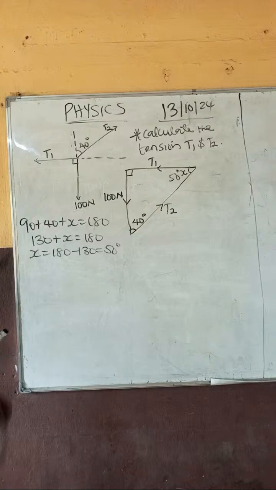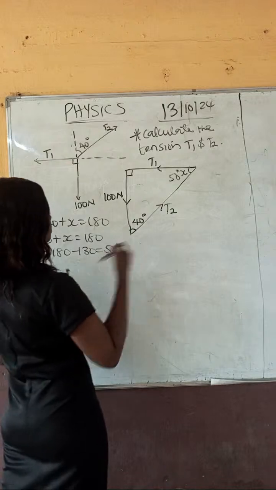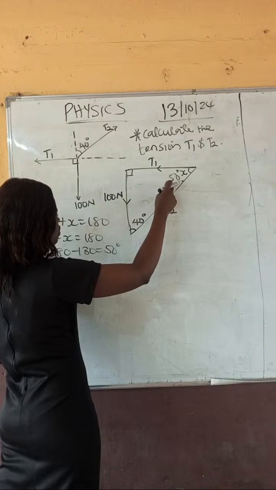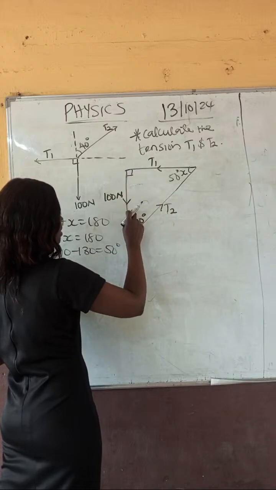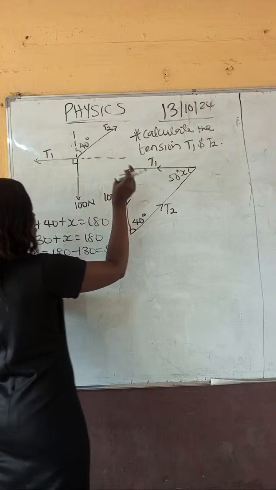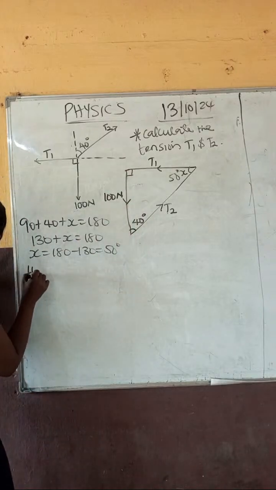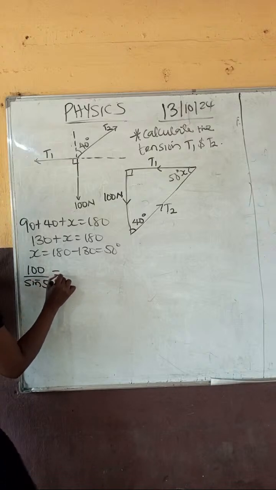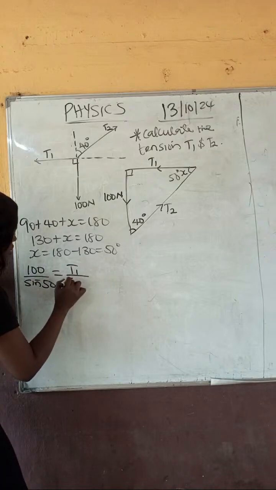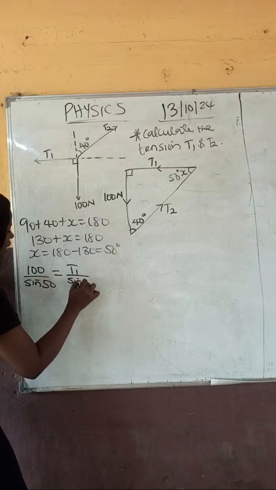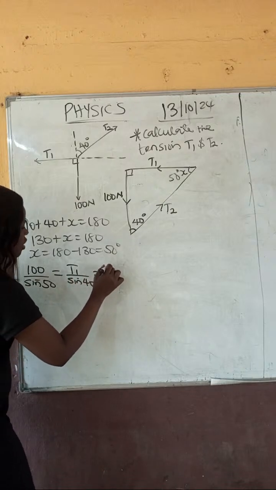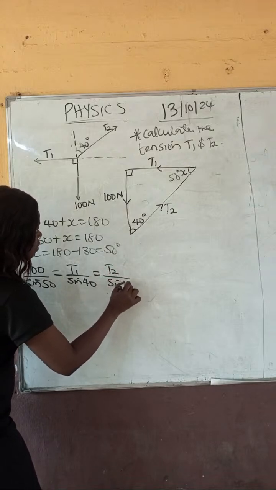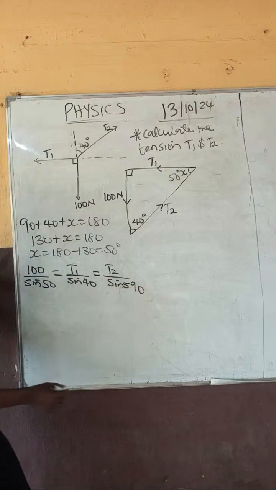So using the sine rule, and sine rule says that 100 over sine 50 is equal to T1 over sine 40 is equal to T2 over sine 90. All right, let's go. 100 over sine 50 is equal to T1 over sine 40 is equal to T2 over sine 90.